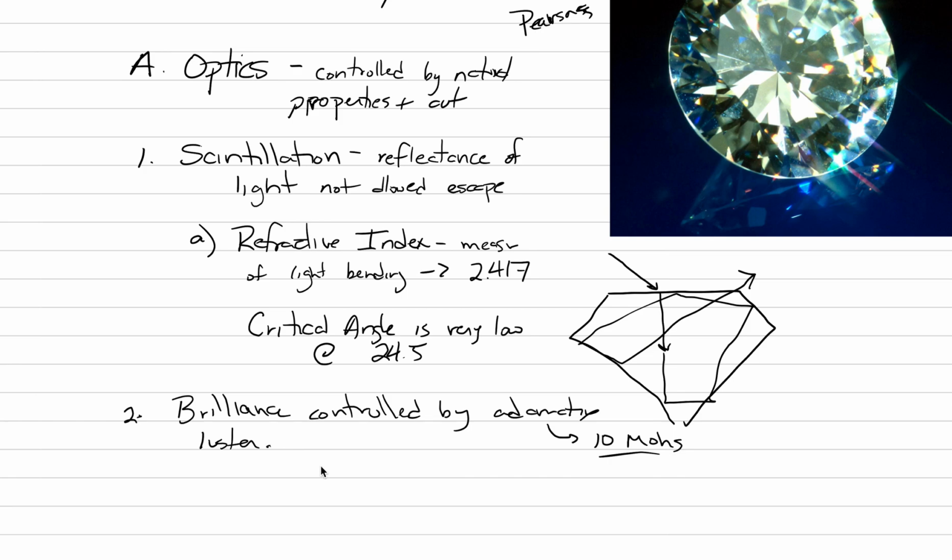So I don't want to get confusing here, but basically, this adamantine luster will reflect 17% of light that hits the stone. When light hits glass, only 4% reflects.